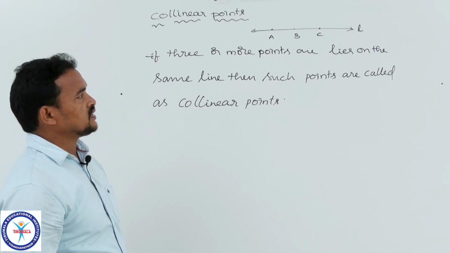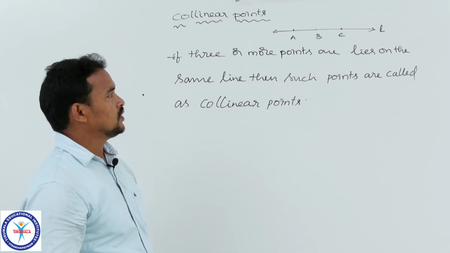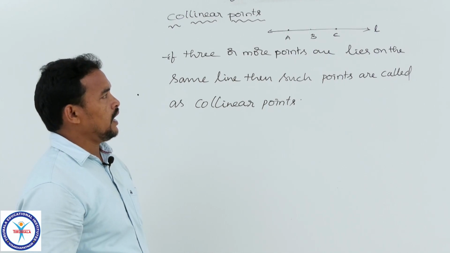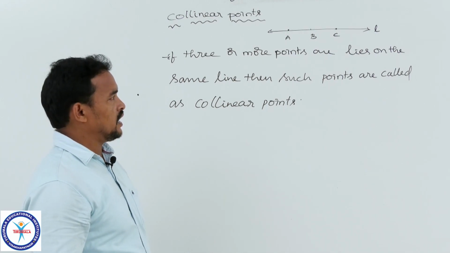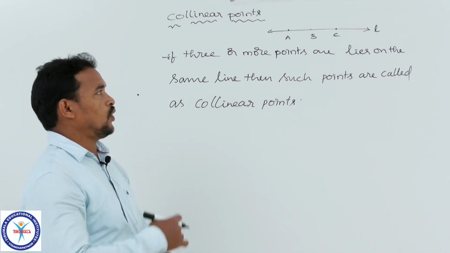If A, B, C lie on the same line, here we observe that when A and B are joined, the line AB, the line BC and the line AC coincide with each other.